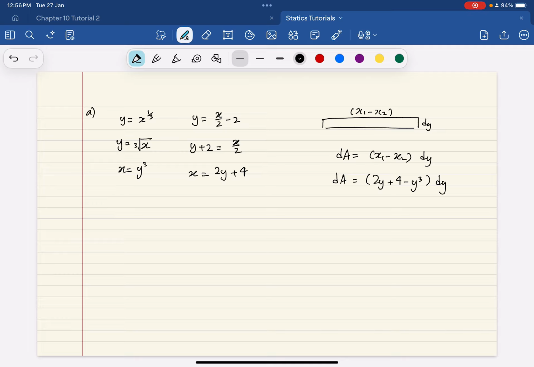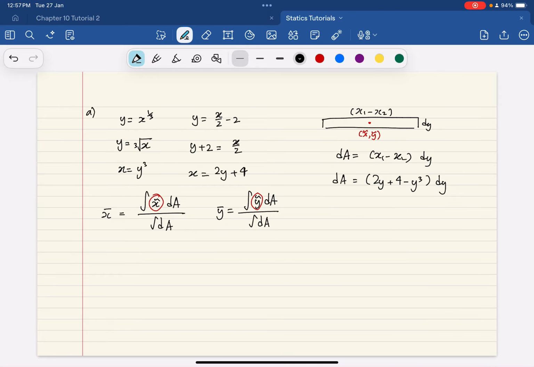But remember, if you want to find the centroid, x bar is equivalent to the integral of x tilde dA over the integral of dA, and your y bar is equal to the integral of y tilde dA over the integral of dA. Your x tilde and y tilde, if you remember, are basically the center of the element itself.